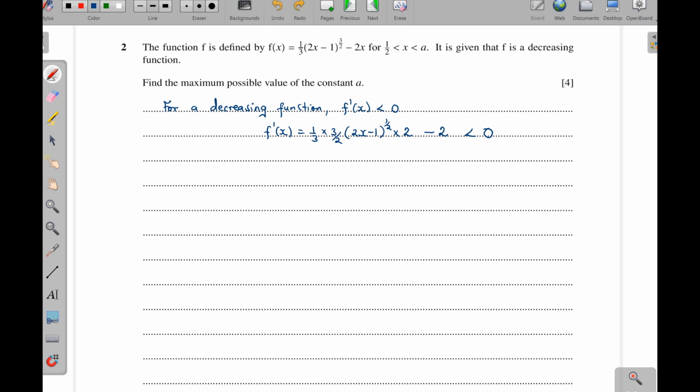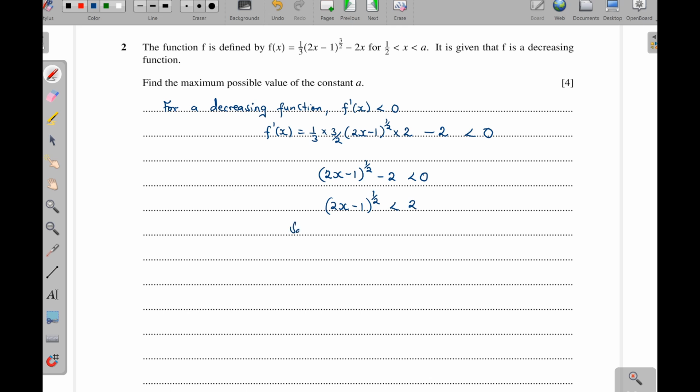So simplifying, this one will go, and this one will also go with this one. So that means I'm going to have 2x minus 1, then power half, then minus 2 has to be less than 0. Then I can take this on this side, and then we have 2x minus 1 power half less than 2.